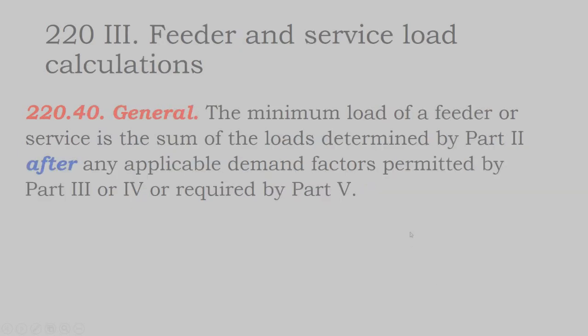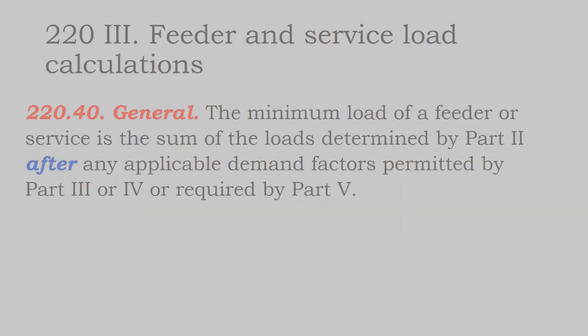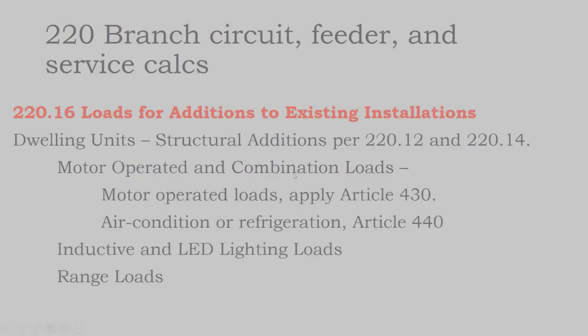It says the minimum load of a feeder is the sum of all the loads determined by Part 2 after any applicable demand factors permitted by Part 3, 4, or 5 of Section 220 are applied. We have to go a little bit further into this, but basically you take the load of your feeder service, and then you have correction factors that you need to apply before you get to your final calculation.